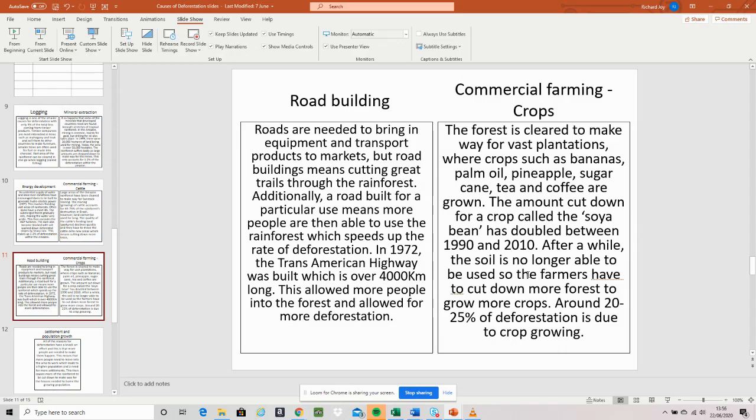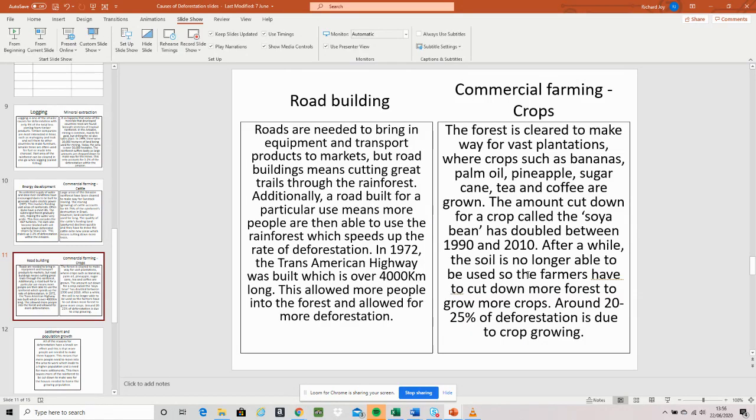So it is not only incredibly harmful for the environment across the globe, but it invariably just leads to short-term gain for the nation, principally Brazil, in terms of the agricultural gain that they get.